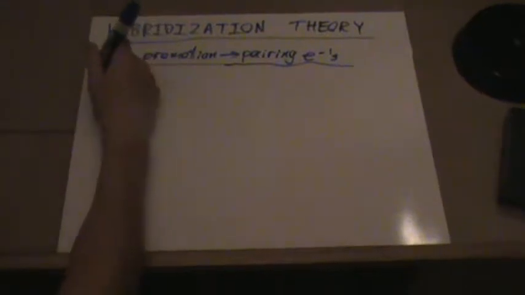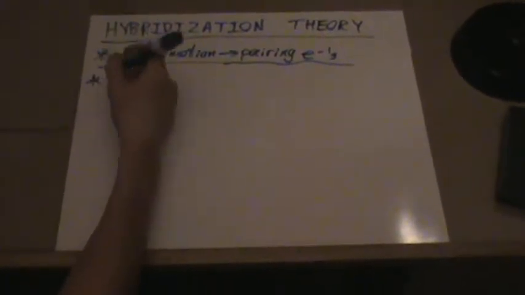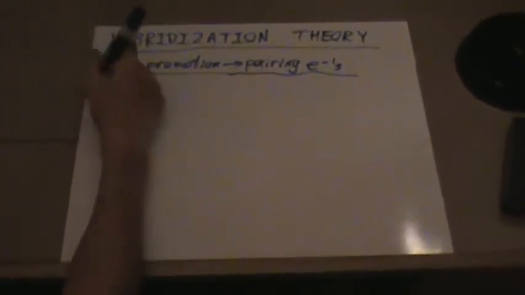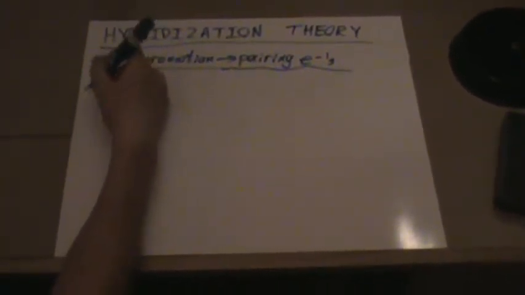Most of the time, at least. And we know the exception would be dative bonding here, but we will leave this as a rule for right now. And the second thing that we learned was that in hybridization, the orbitals that participate in bonding are of the same energy.